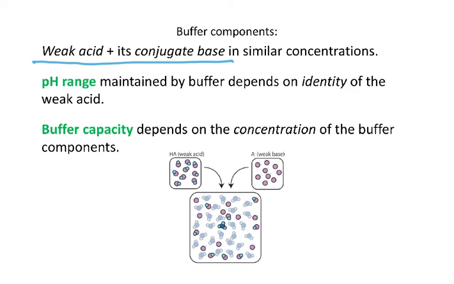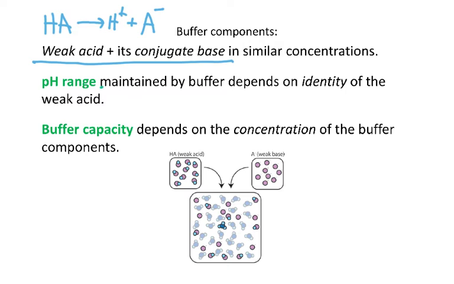They're like a pair. They come together. A weak acid would be something like HA in general, and its conjugate base would be A minus. And so the difference between them is an H plus moving back and forth, right? And so a buffer has both of these in similar concentrations.